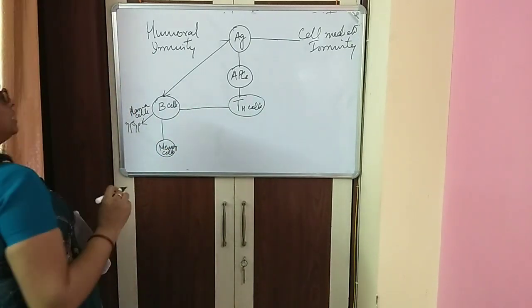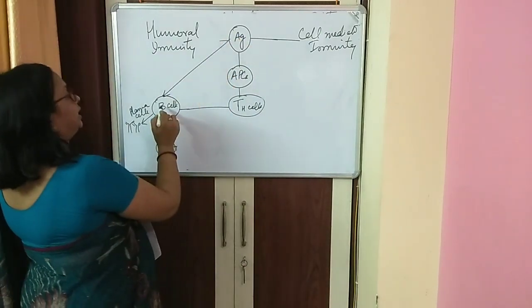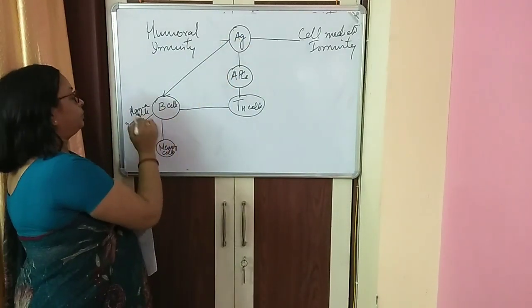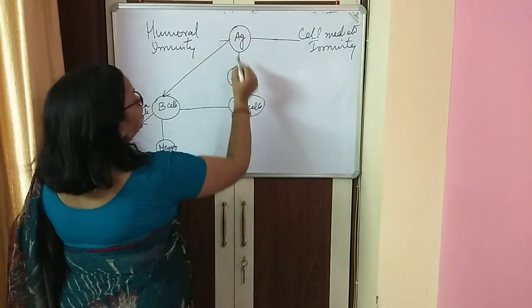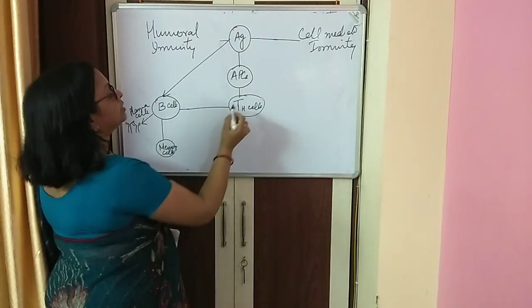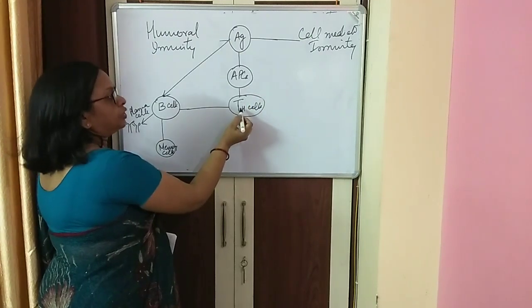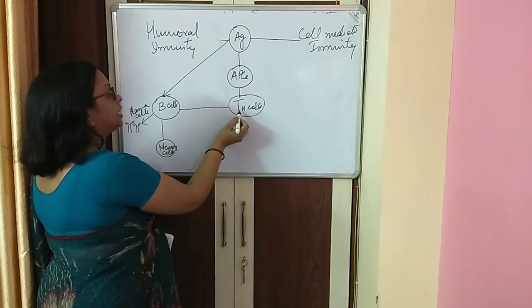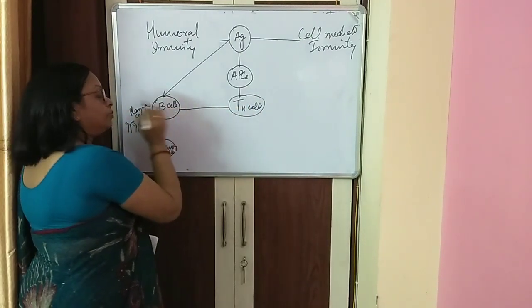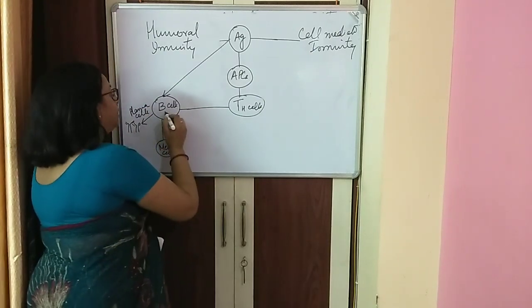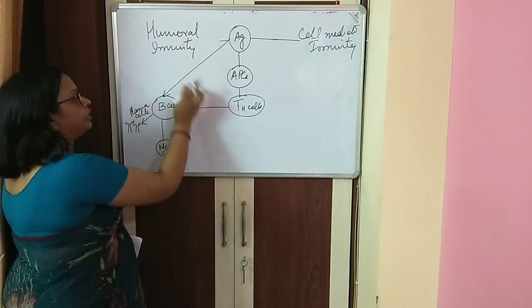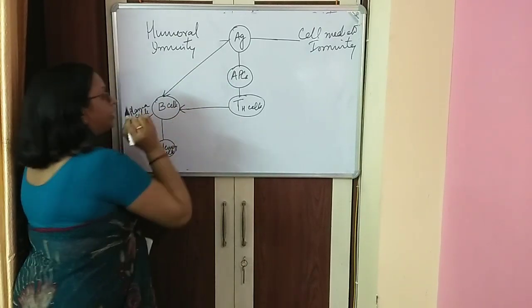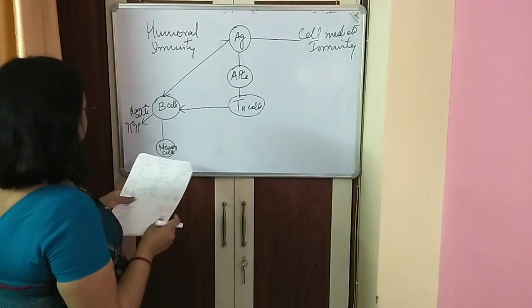So two possibilities are there. After antigen encounter, the B cell may convert into plasma cell and memory cell. Plasma cell will secrete antibody, or if the antigen is taken by antigen presenting cells, they will stimulate T helper cells, and the T helper cell will stimulate the B lymphocyte, and the B lymphocyte will again differentiate. So these two stimulations are there for activation of B lymphocytes. Okay.